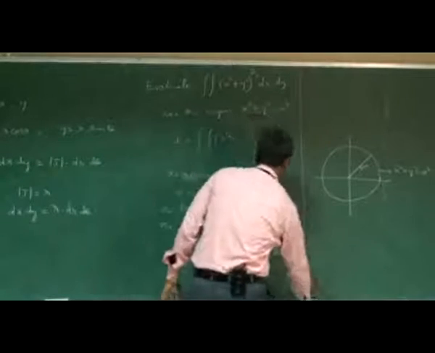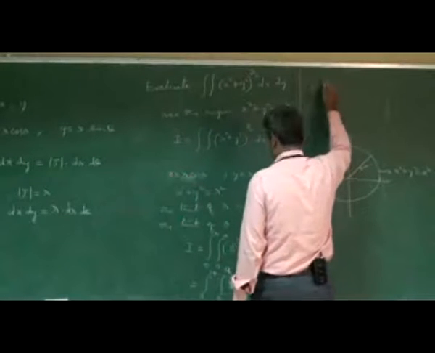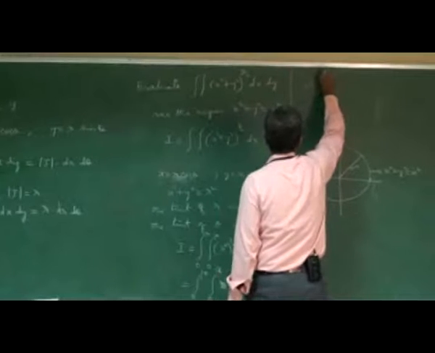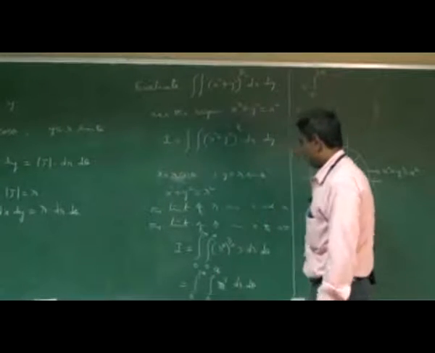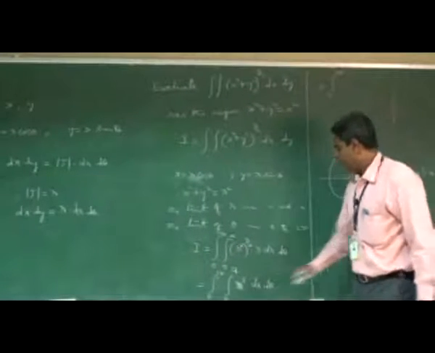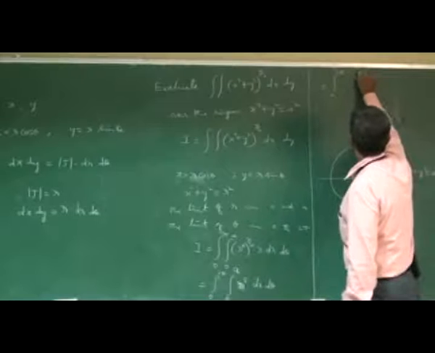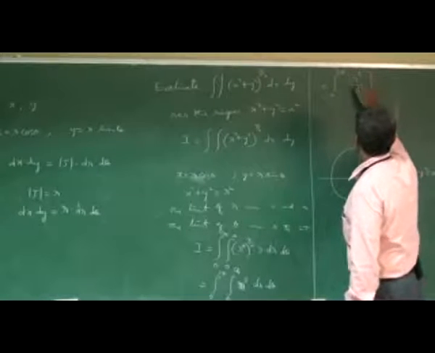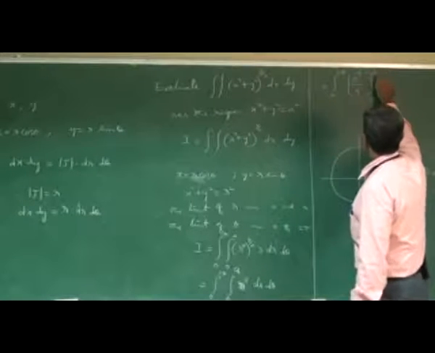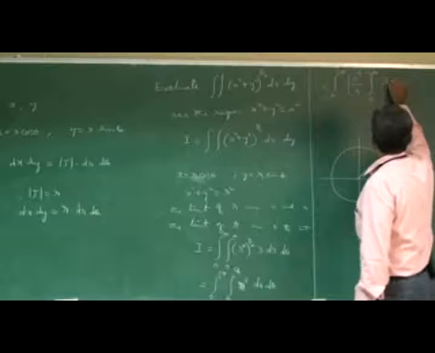That is equal to the integral from 0 to 2 pi. Now we integrate with respect to r, so we get r to the power of 9 divided by 9, with the limit from 0 to a, d theta.